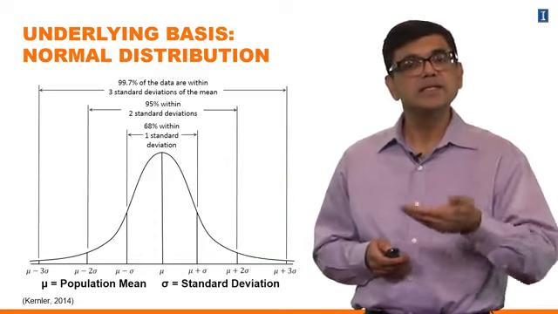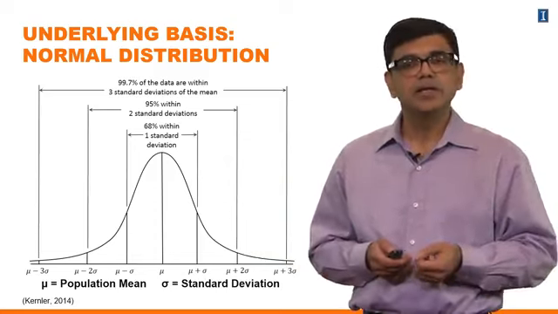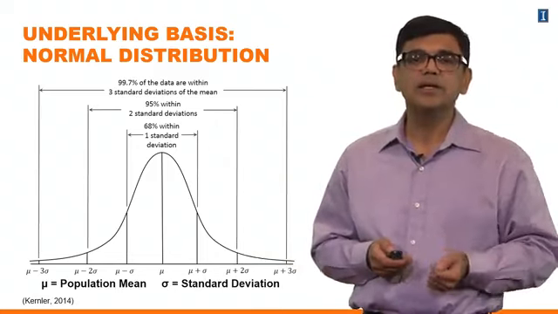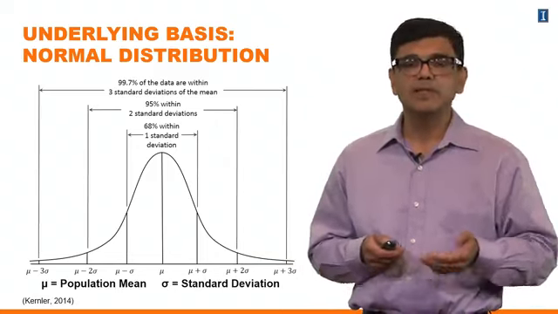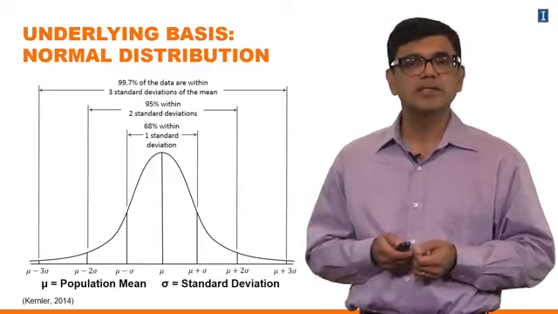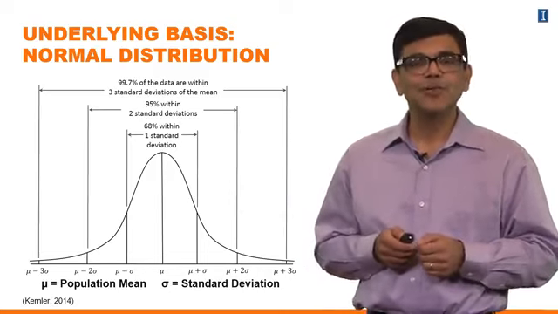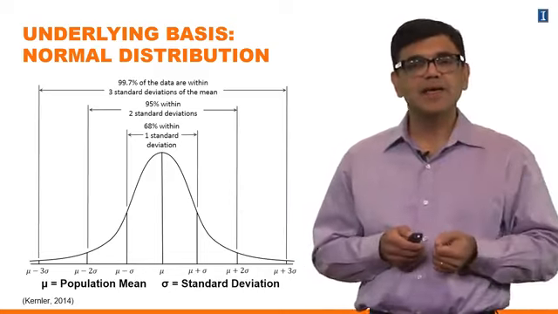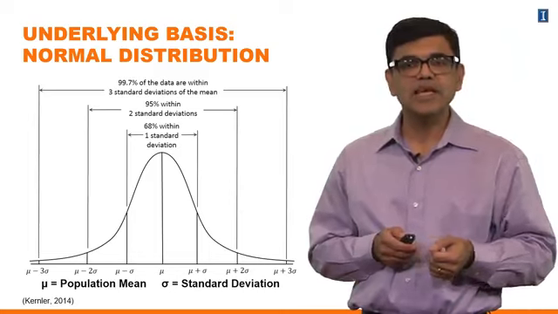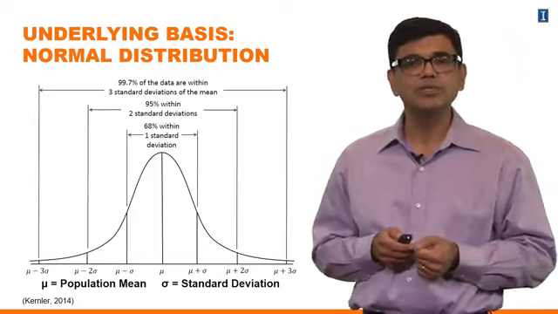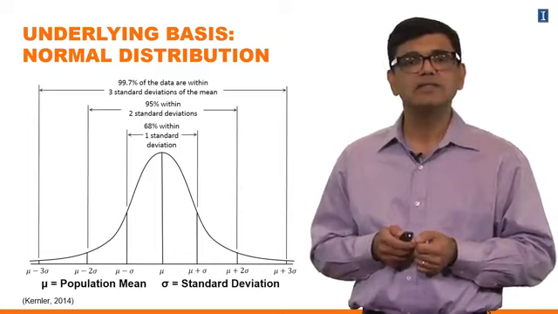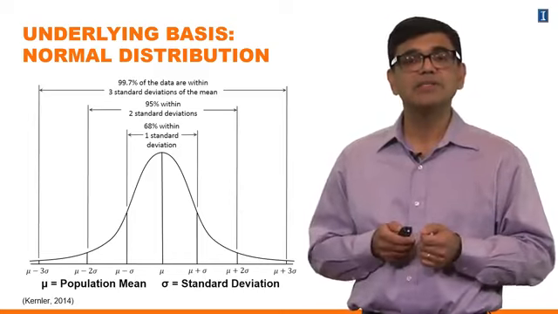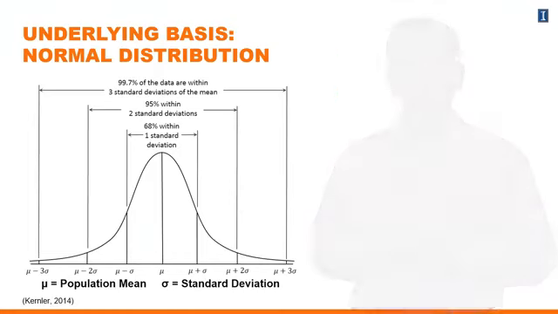So that's the idea that's being used in statistical process control, that under normal circumstances, and that's quote-unquote normal circumstances, a process reflects what is seen as the normal distribution. Plus or minus 3 standard deviations will cover 99.7% of observations.